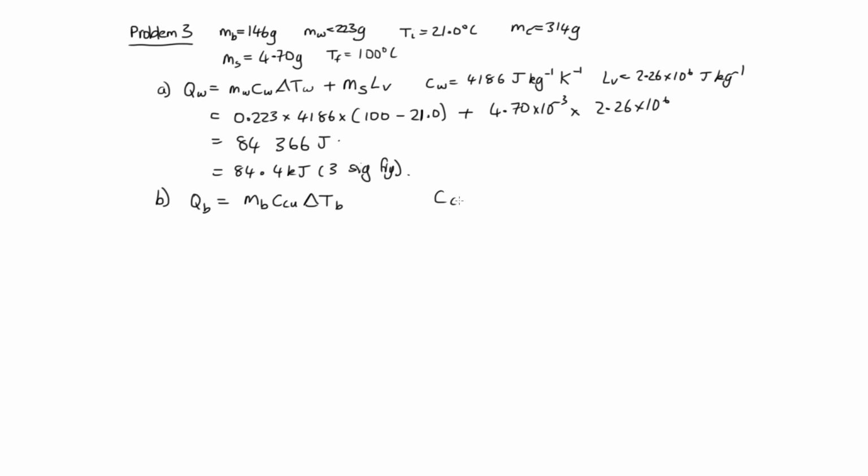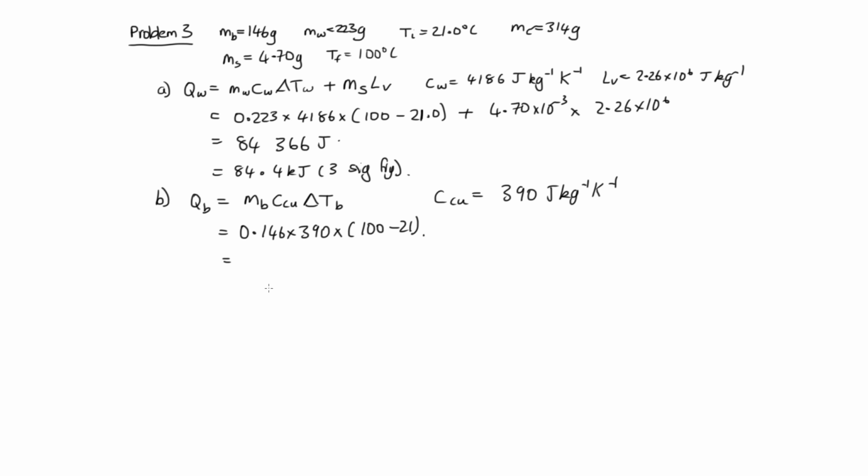Now the specific heat of copper, we need to look that up. That is equal to 390 joules per kilogram per Kelvin. And so substituting in for the bowl, we've got 0.146 times the 390 times the change in temperature, which is the 100 minus 21.